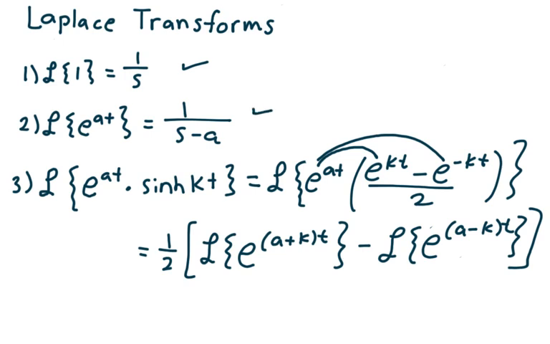If you know that the Laplace transform of 1 is 1 over s, and the Laplace transform of e to the at is 1 over s minus a, you can probably reason out close to 15 or more formulas just off those two. And that's what I want to convey in this video and in the previous video that I did make. Okay, thank you.